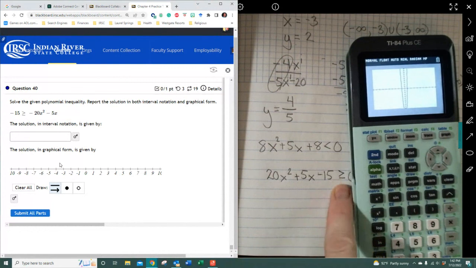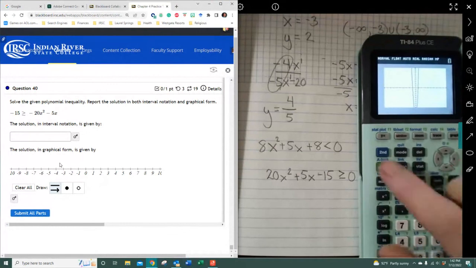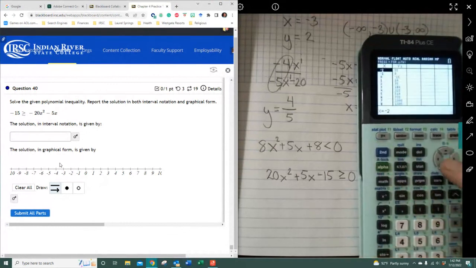Because that's what the inequality says right there. So I can see that I'm crossing over some points here. I know I have a crossing point at -1. And I also know that I have some point that exists between 0 and 1 because I have a change in signs here. It goes from negative to positive.